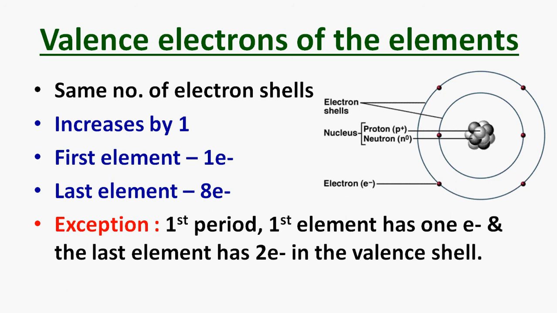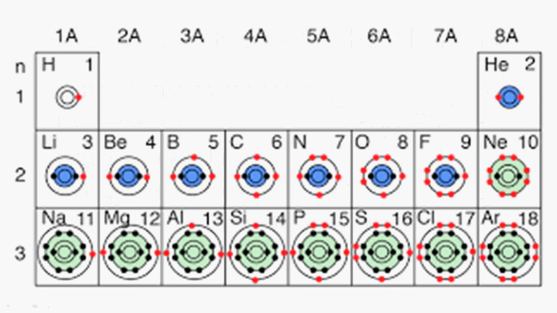That first element, that is hydrogen, has 1 electron in its valence shell, whereas the last member of this period is helium, that is having 2 electrons in its valence shell. It means that it does not obey the above stated thing that the last element is having 8 electrons in the valence shell. Okay, because helium is having only 2 electrons in its valence shell.